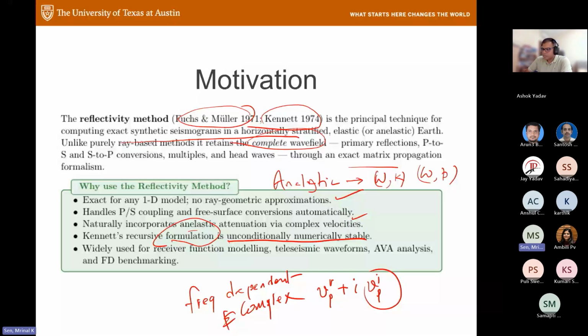A lot of times, finite difference calculations are compared against reflectivity methods, because reflectivity methods are, I would not call it fully analytic, semi-analytic, in the sense that in the frequency-wavenumber domain it's analytic, and then you have to do the computation for late media.